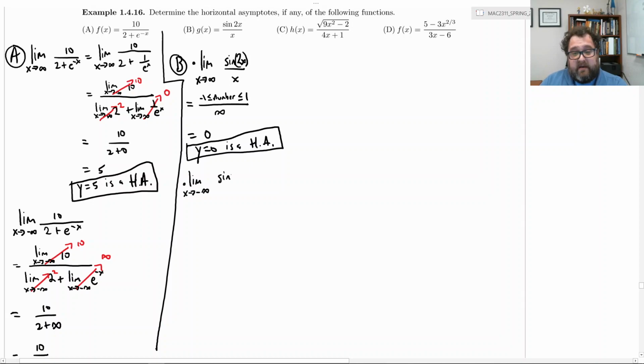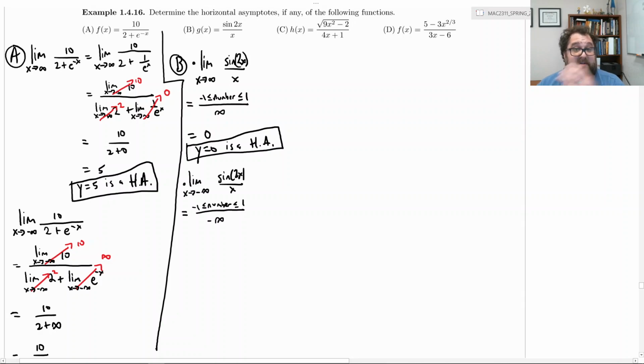Okay, we have sine 2x over x, and again, the numerator is basically some number that's trapped between positive 1 and negative 1. But in this case, the bottom is going off towards negative infinity.